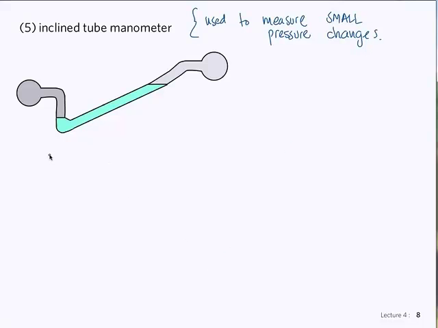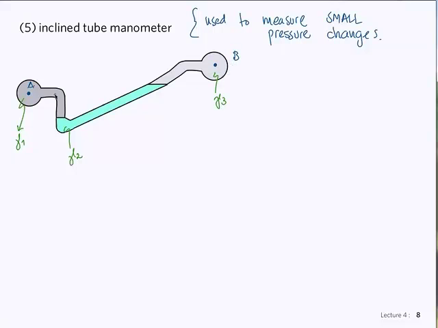So again, we have the same as the previous situation. We have a liquid here, gamma 1, another liquid here, gamma 2, another one here, gamma 3, and we want to calculate the pressure difference between point A and point B.